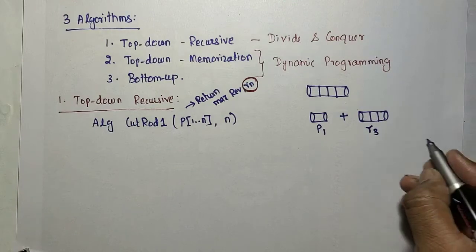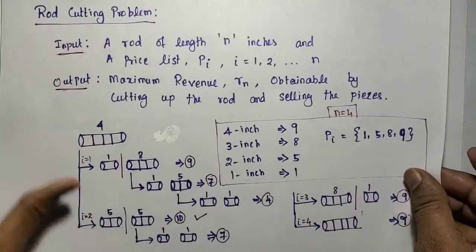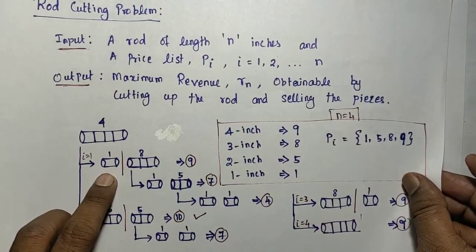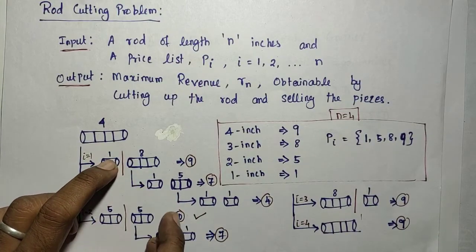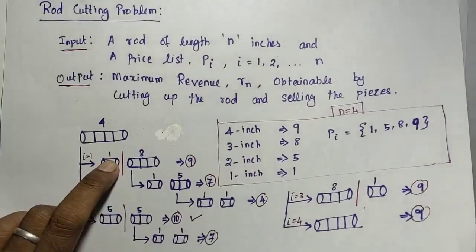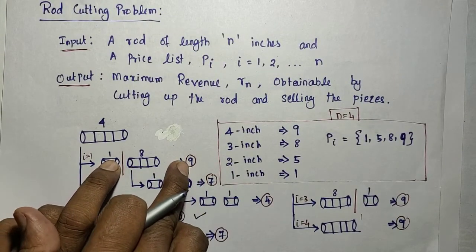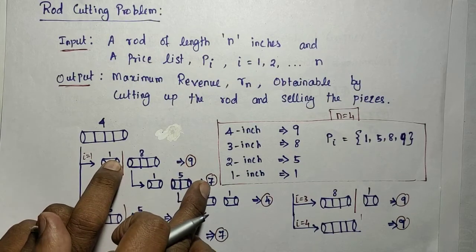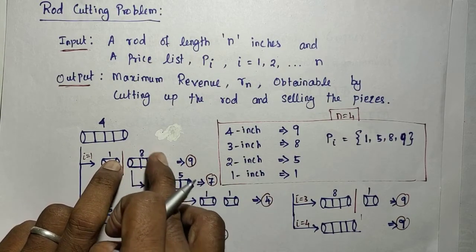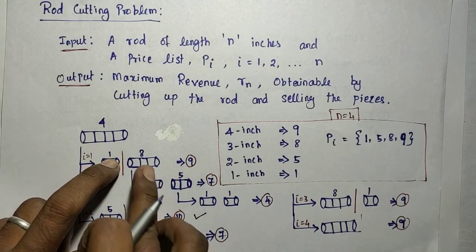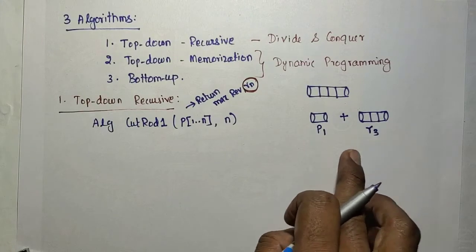So what is that combination? This will take care of finding the maximum revenue. It means the 1-inch rod piece we are going to sell as it is, and then the 3-inch rod maximum revenue in that subproblem, it will take care of finding these solutions. Among these three, 3, 9, 7 and then 4, the maximum one will be chosen as the maximum revenue of the 3-inch rod. So this will be determined by this subproblem. That is the first one.